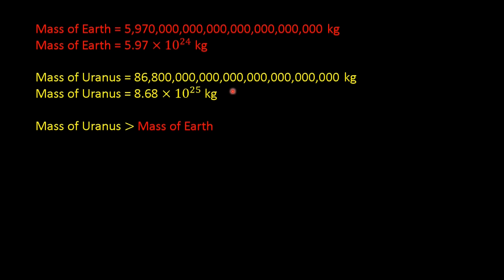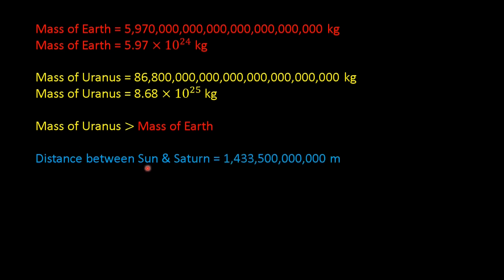The second example that we have seen is about the distances. We have seen distance between the Sun and Saturn is 1 433 500 and 6 zeros next to that meters. We can write this distance in the exponent form or in the powers of 10 as 1.4335 into 10 raised to 12 meter.